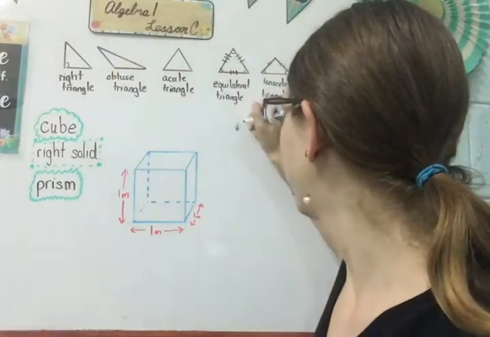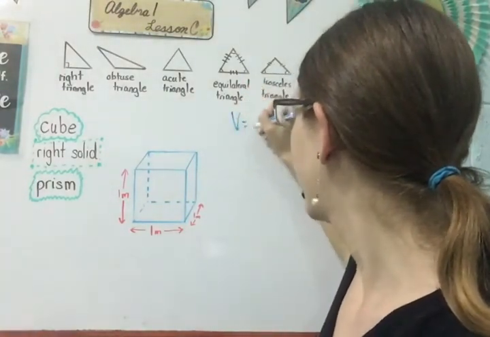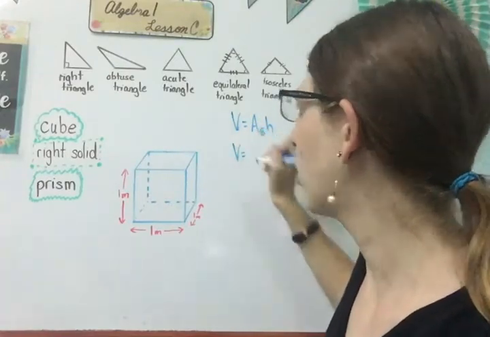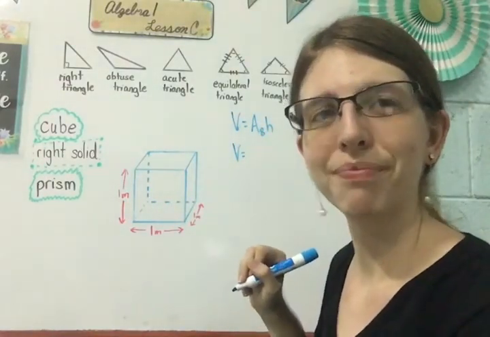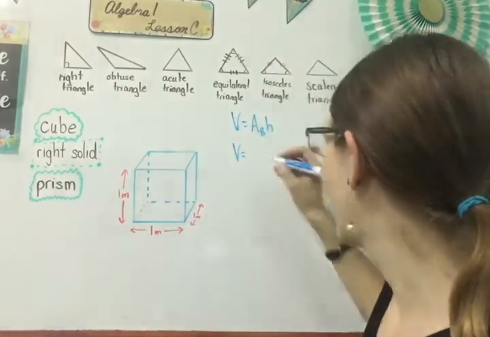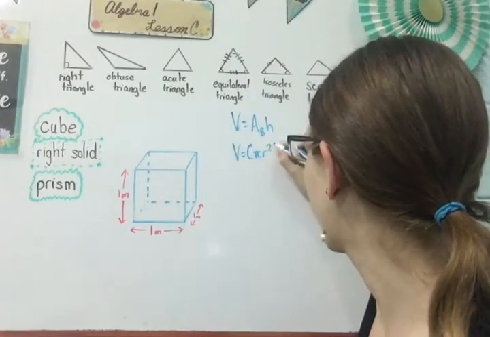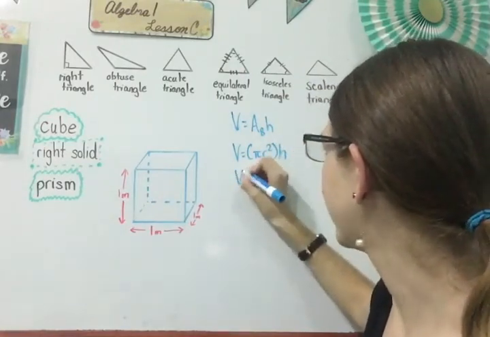So if volume is area of the base times the height, what's the formula for the area of a circle? Okay, very good. Area of a circle is pi r squared times your height.